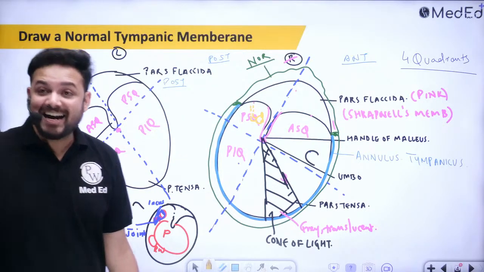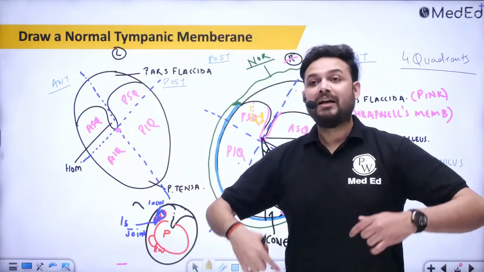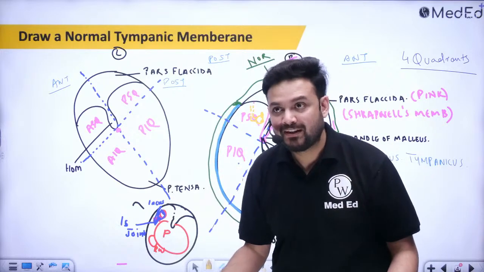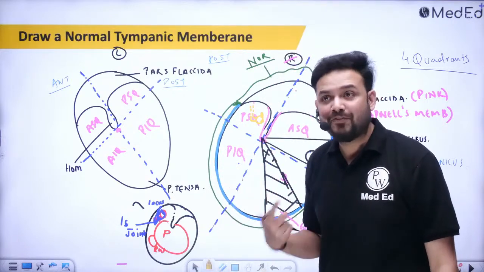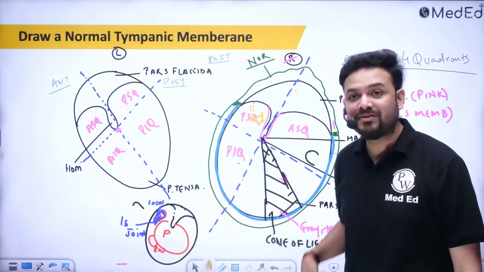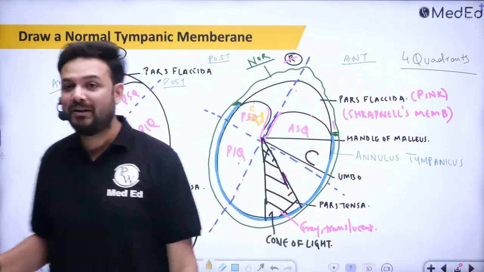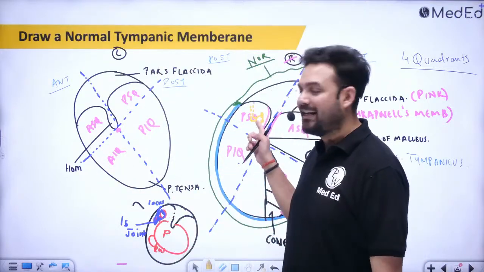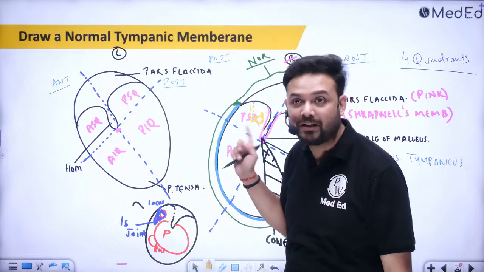That is the reason if I ask you what is the most important quadrant of the pars tensa, you will say it is the posterior-superior quadrant. If I ask you what is the most dangerous quadrant of the pars tensa, you will tell me posterior-superior quadrant. I will ask you why, and you will tell me because there is the incudostapedial joint in the posterior-superior quadrant.